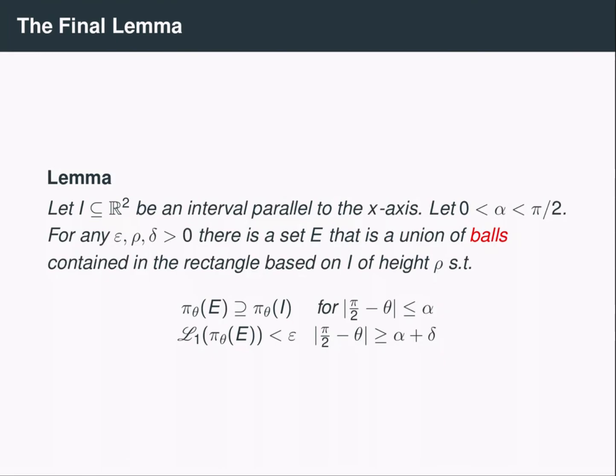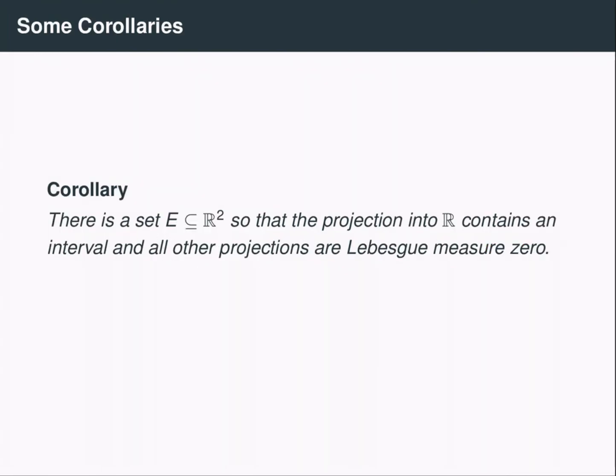So again, there's no one theorem that is called the Venetian blind theorem. However, this method can be used to construct similar examples with prescribed projection properties. For example, if you iterate the above construction, you can obtain a set E so that its projection into the real line contains an interval, but all other projections in any other direction have Lebesgue measure 0.